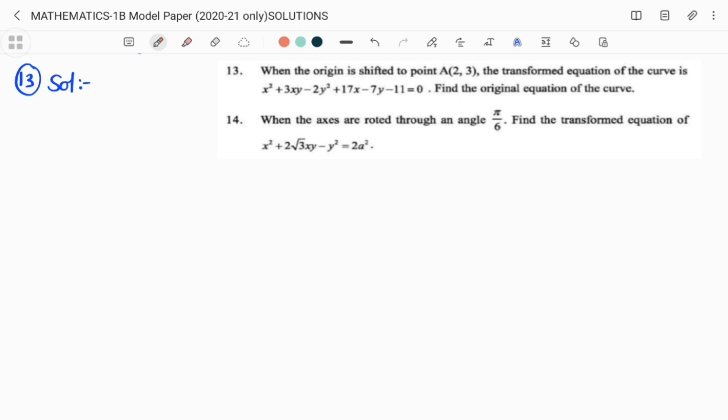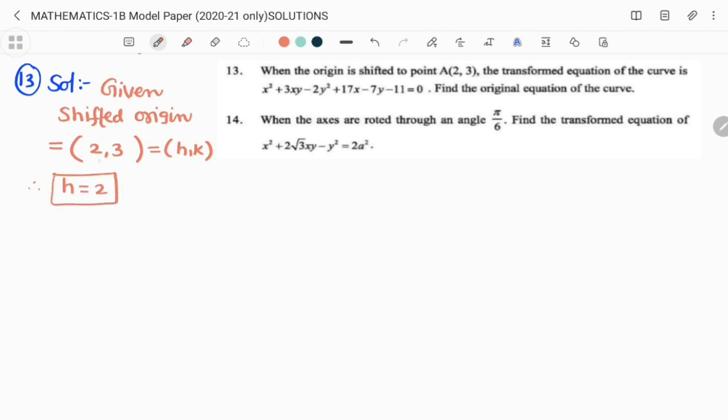And given shifted origin, that is (2, 3). Shifted origin is generally denoted by (h, k). Therefore, h is equal to 2 and k is equal to 3, by comparing x coordinates and y coordinates respectively.